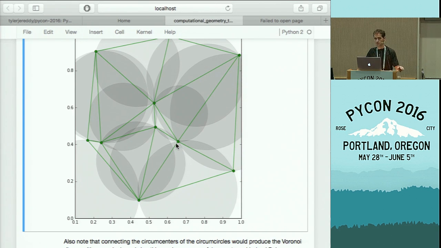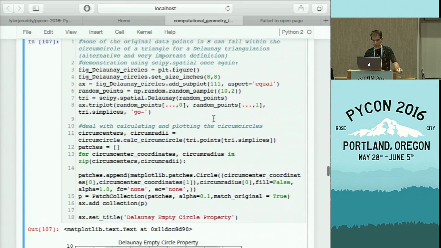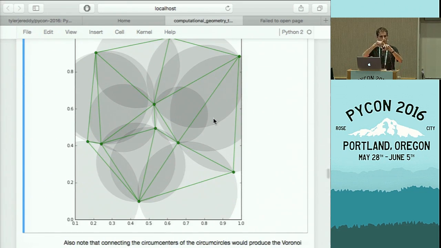Question, yeah. If you do have points that are co-circular, how does that usually get handled? I think you just have to filter it out. I think the algorithm won't handle it properly. I haven't tried it though. We could try to put in a set of points that are, you're saying if points are square or?